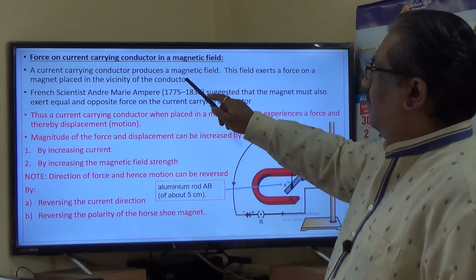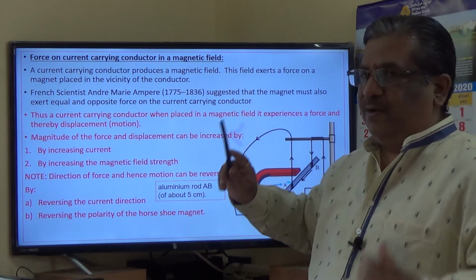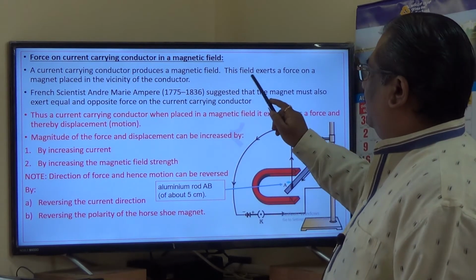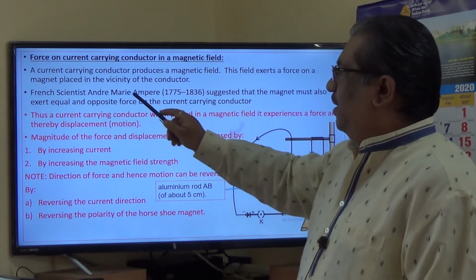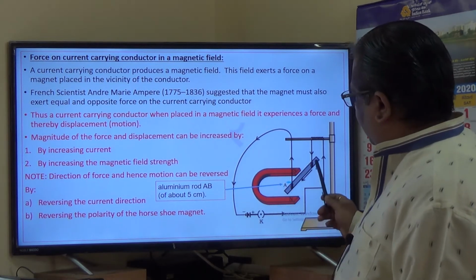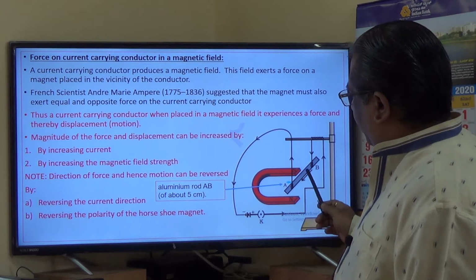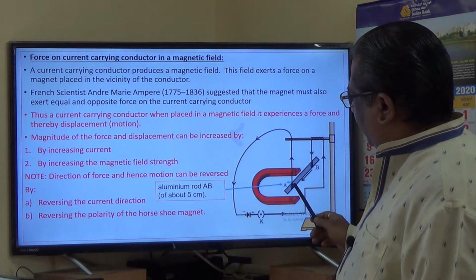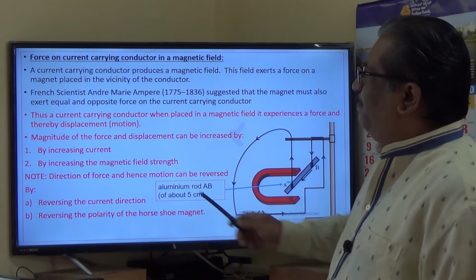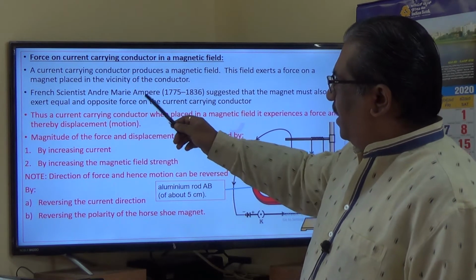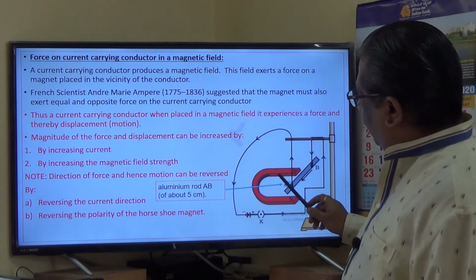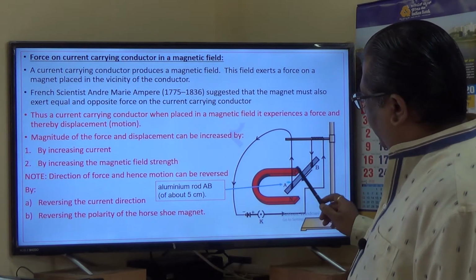A current carrying conductor produces a magnetic field. Yes, we know by Oersted's experiment. This field exerts a force on a magnet placed in the vicinity of the conductor. Here this is a conductor. When current is passed through, it produces a magnetic field, and that magnetic field exerts a force on this magnet. French scientist Henri Ampere suggested that an equal and opposite force is exerted by this magnet on the conductor.